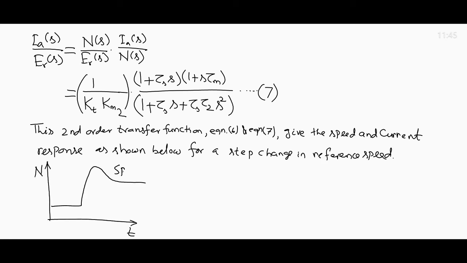This is the speed response after a step change in speed command, and this second order system transfer function for the current gives the current response like this after a step change in speed command.